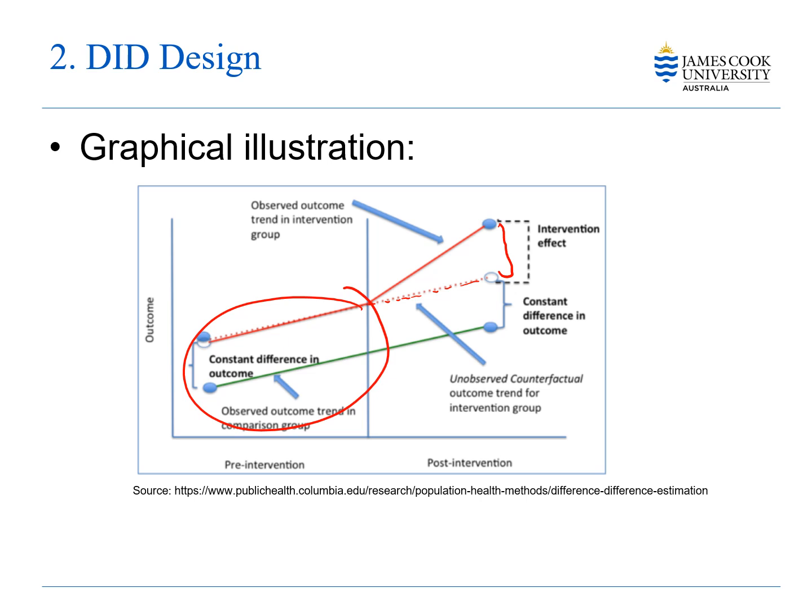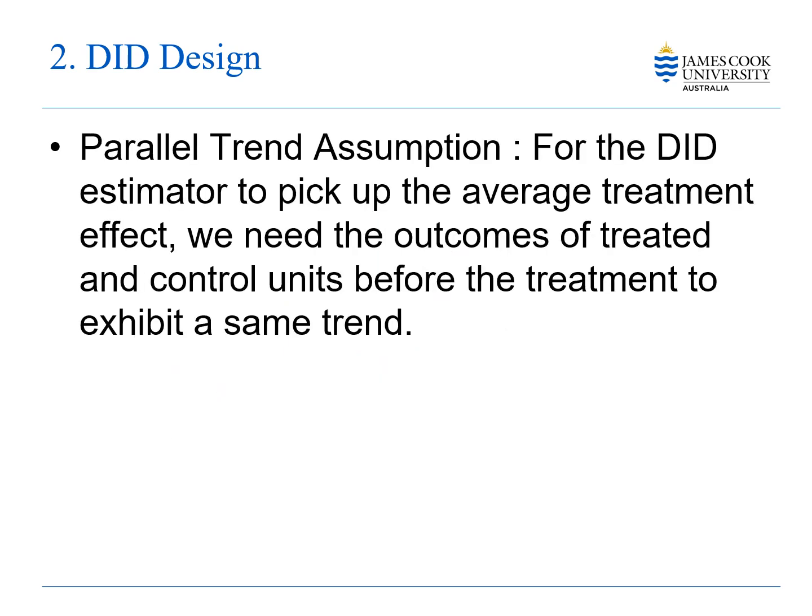This is called the parallel trend assumption for the DID estimator to pick up the average treatment effect correctly. And we can test for this. We can restrict the regression to before the policy, and there shouldn't be a significant difference between the treated and control units.